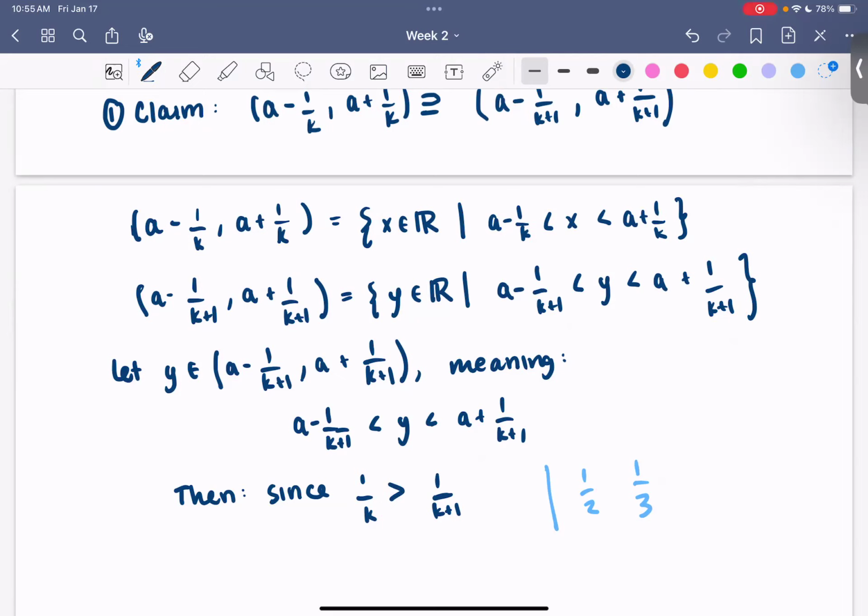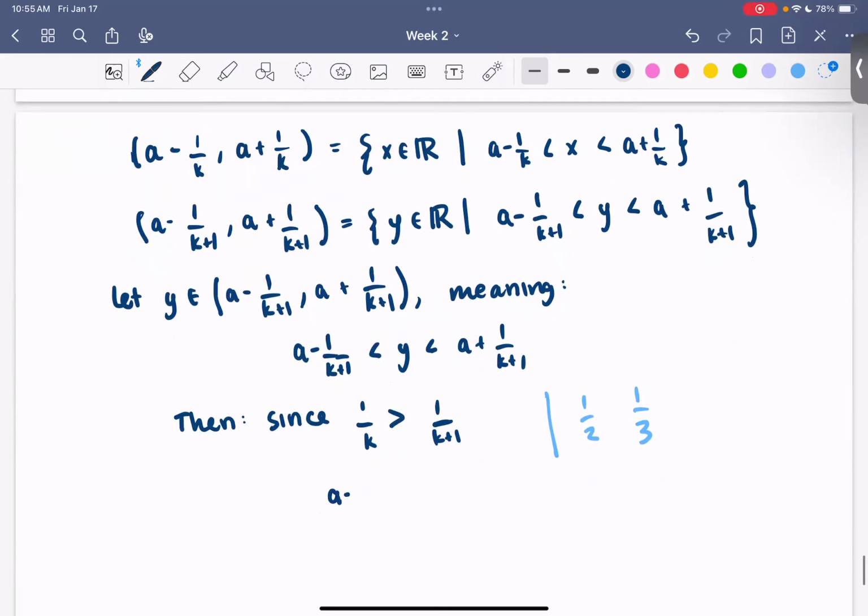Okay, then that means that if I look at a minus, oops. Let's now compare these two quantities. Which one is bigger now?